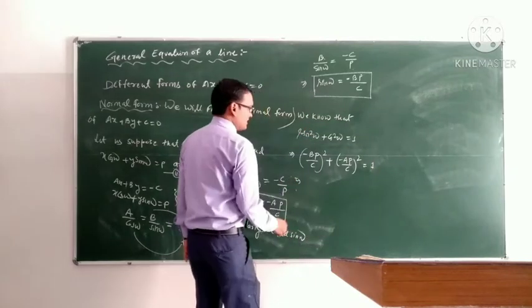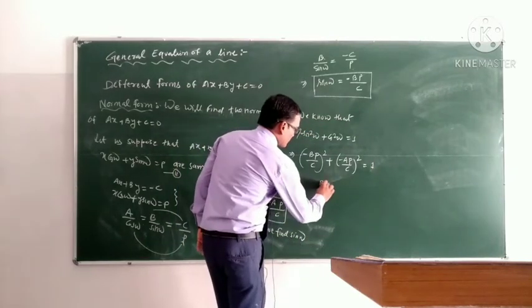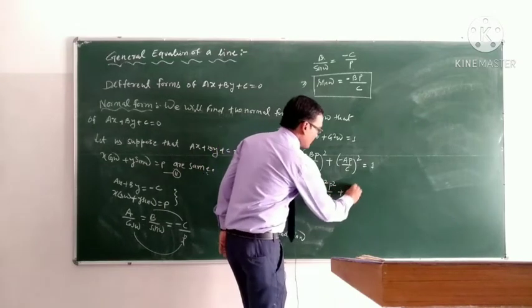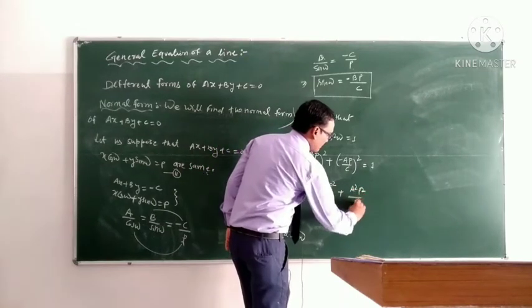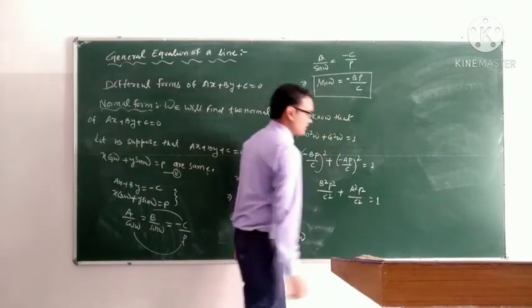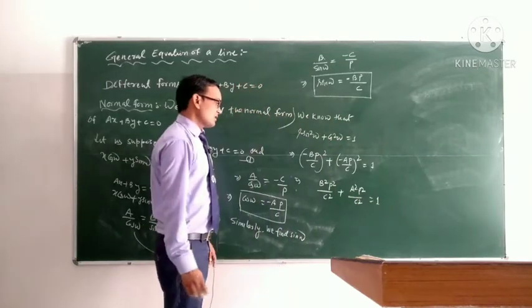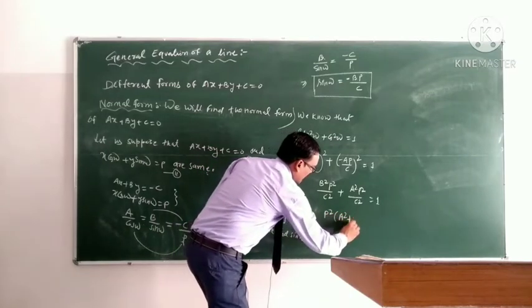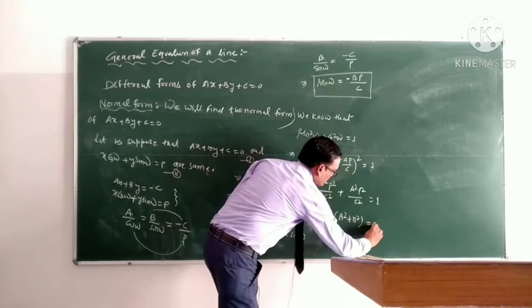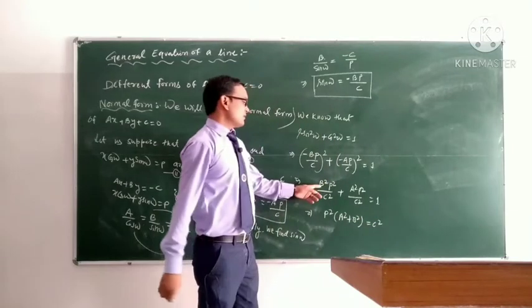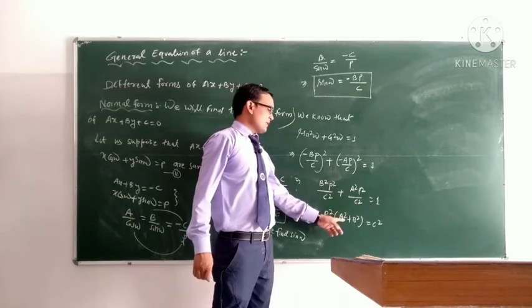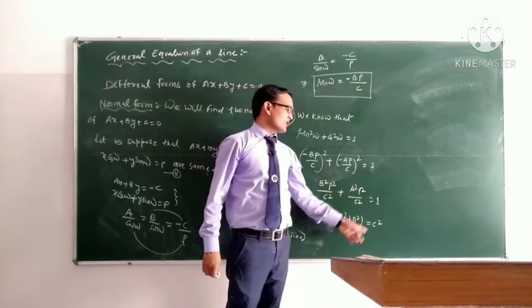This implies that b square p square upon c square plus a square p square upon c square equal to 1. Okay students, this implies that p square times a square plus b square equal to c square. Here we take the common p square, then a square plus b square upon c square equal to 1.